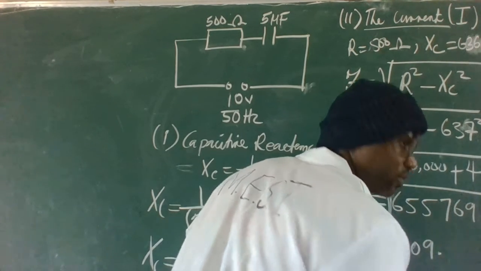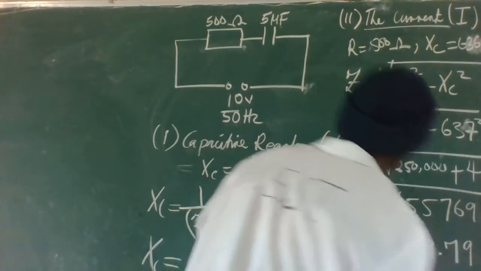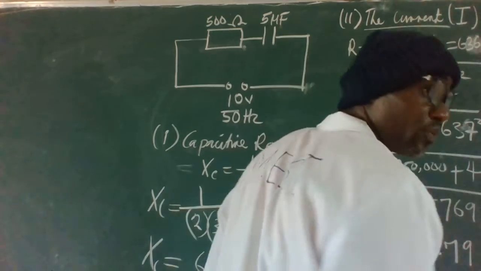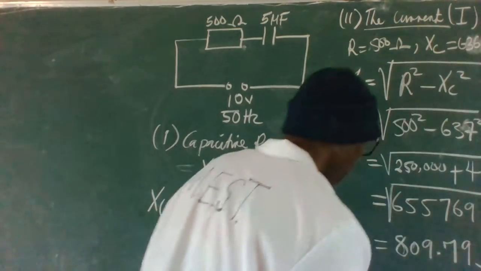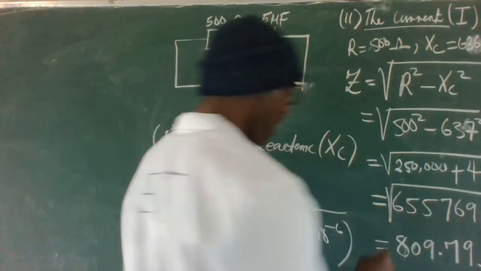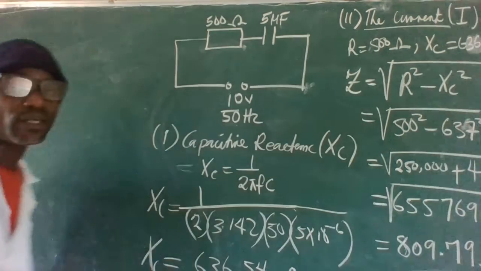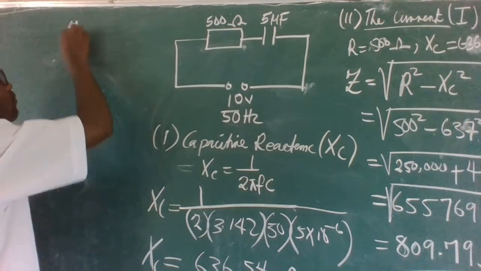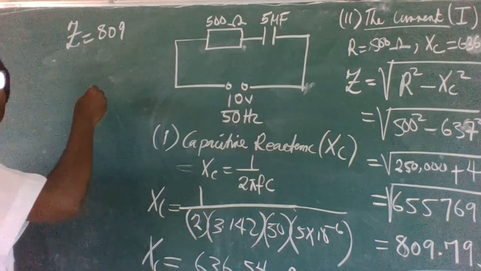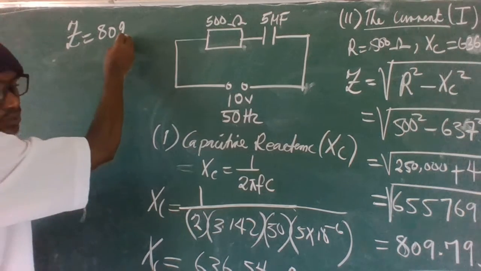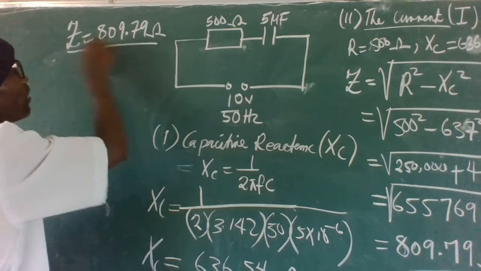Any decimal? Yes, 0.79. Remember that impedance is also measured in ohms. So the impedance has been found to be 809.79 ohms. Are you with me? Yes, sir. So now we have found the impedance, isn't it?